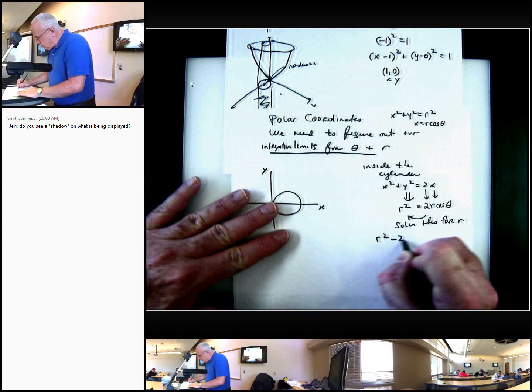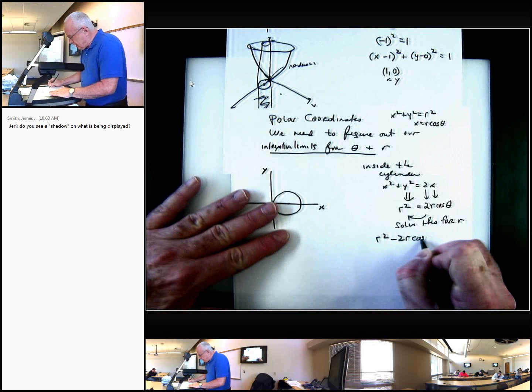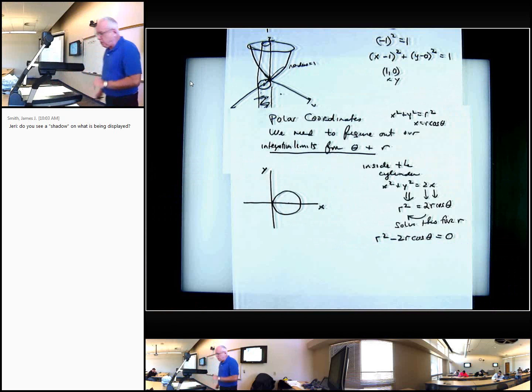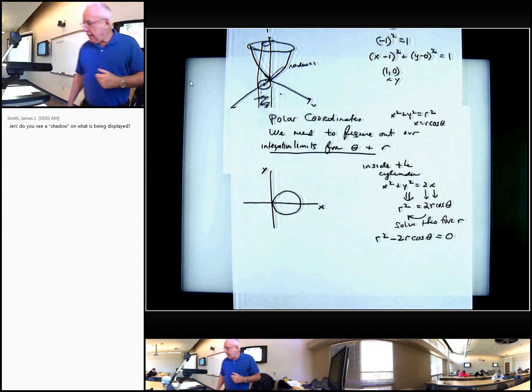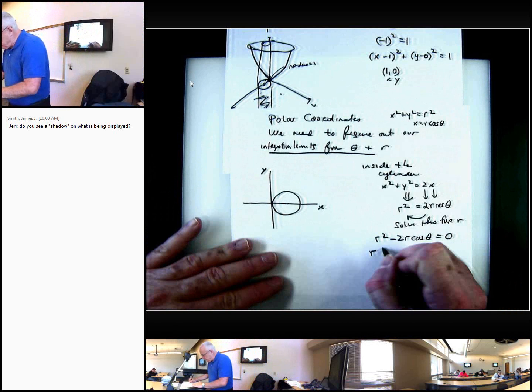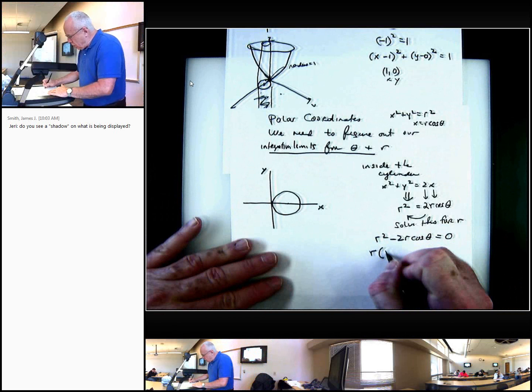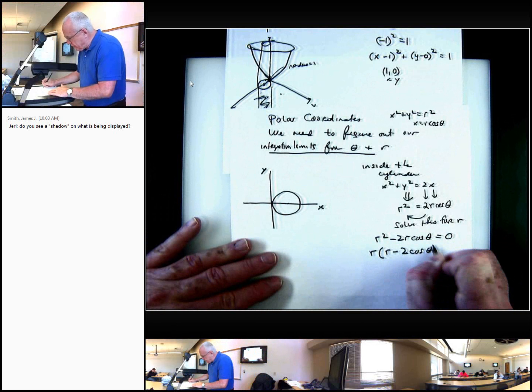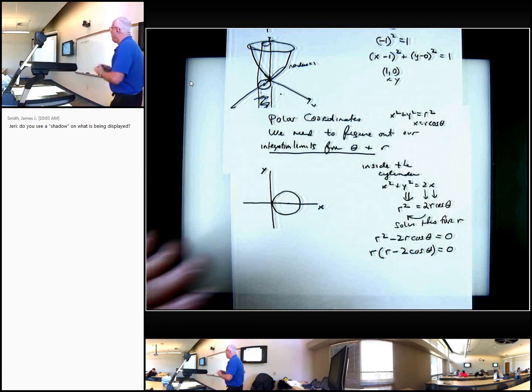So r squared minus 2r cosine of theta is equal to 0. And notice I can factor out an r between both of these two terms. So I get r times (r minus 2 cosine of theta) equal to 0.